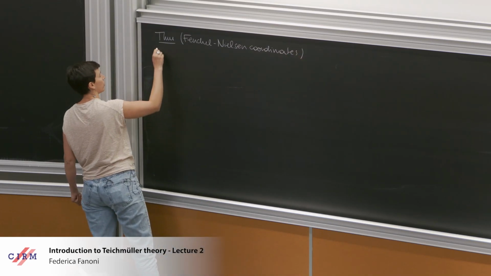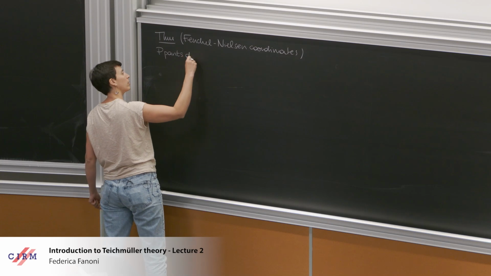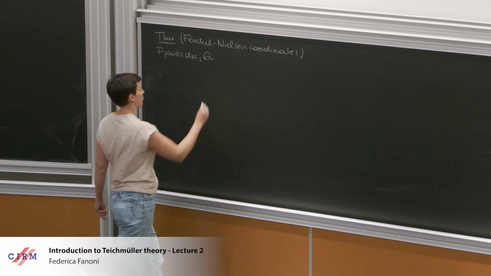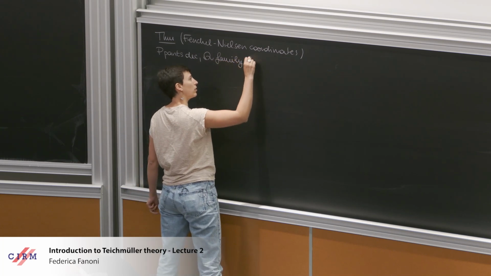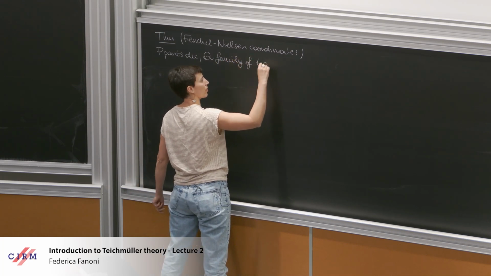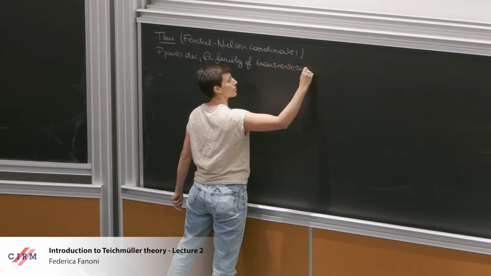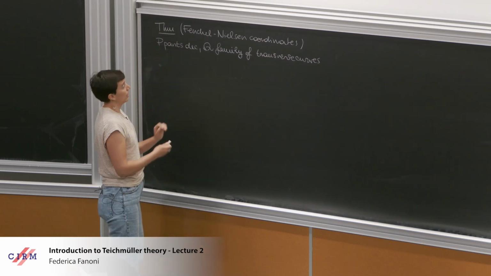So we had these two collections of curves. P was a pants decomposition, and Q was this family of, say, transverse curves, with the properties of yesterday.